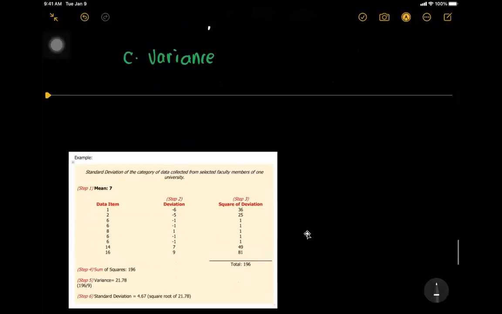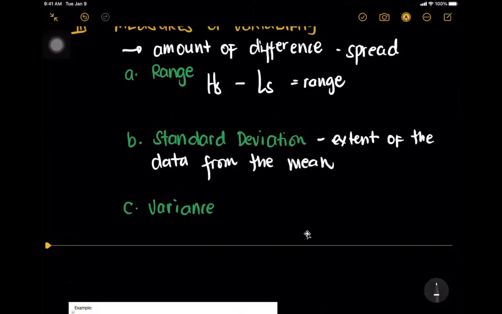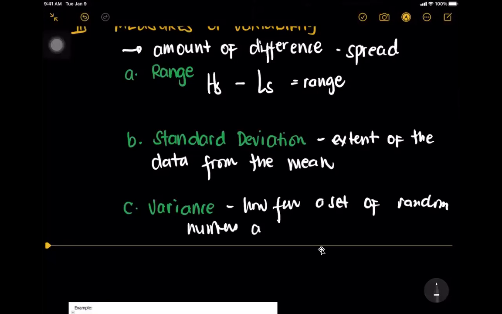Likewise, your variance is an informal measure of how far a set of random numbers are spread out.